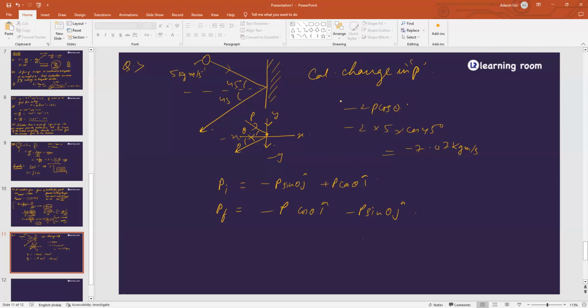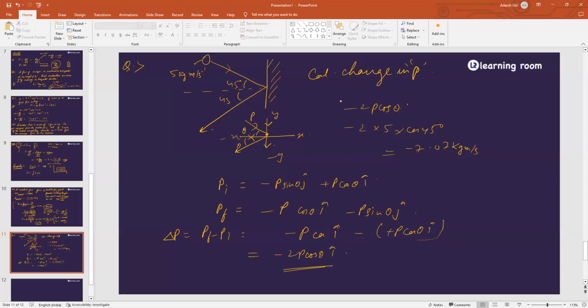So what is change in momentum? P final minus P initial. What you remain with is minus P sine theta j cap, and then, no, sorry, you remain with the cos theta terms: minus P cos theta i cap minus of plus P cos theta i cap. So it will be minus 2P cos theta i cap.